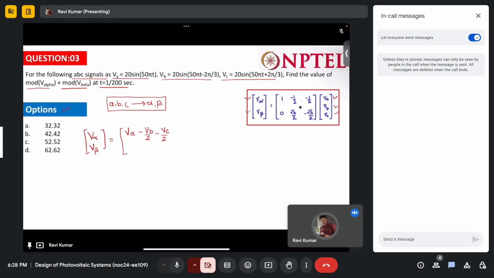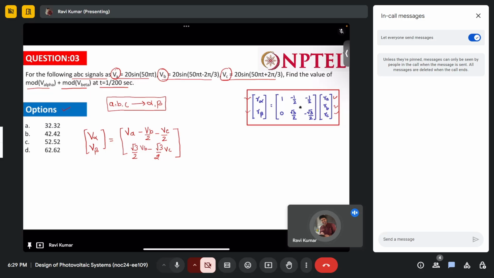And in this case, it is root 3 by 2 VB minus root 3 by 2 VC. And this VA, VB and VC are already given.